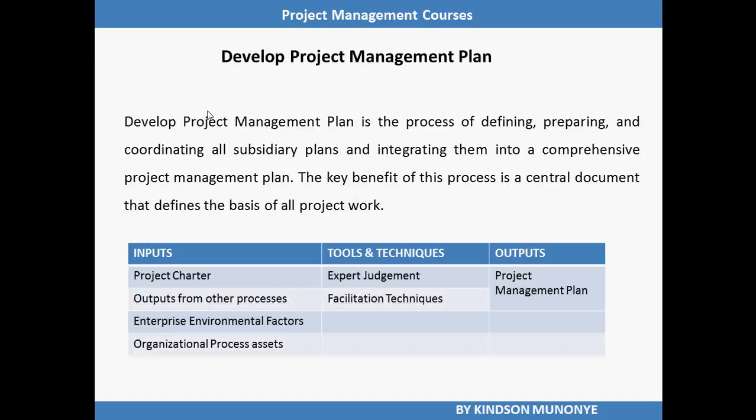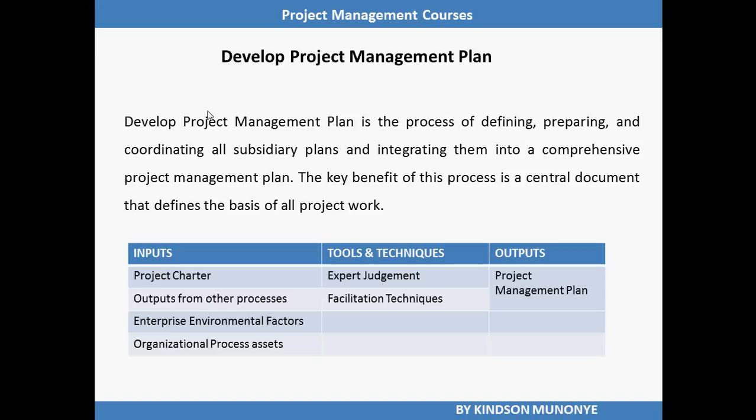Take note that the first input to develop project management plan is the project charter, very important. And take note that the project management plan is a collection of all the subsidiary plans. So in the project management plan, we have the scope management plan, the requirements management plan. We also have the cost management plan and every other plan, including the baselines, as we are going to discuss in subsequent presentations.